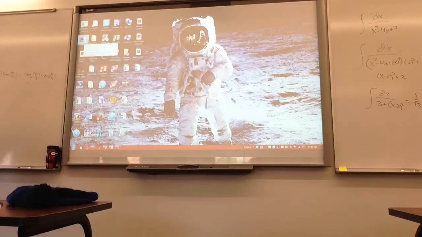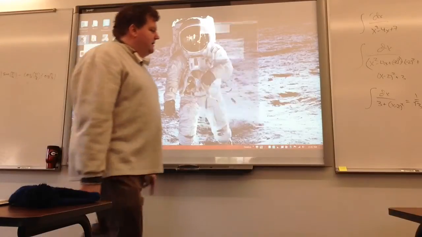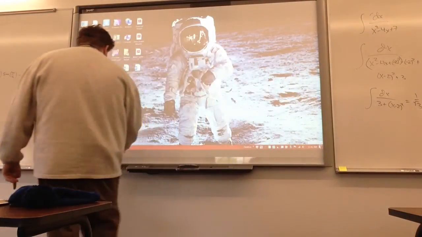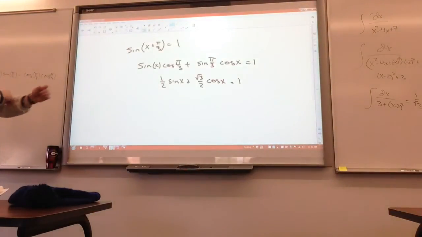I can use the graphing calculator and have it work out that way. Any questions there? By the way, anybody figure out what the answer is? I know the answer without even doing the graphing calculator. What do I add to pi over 3 to get it to equal pi over 2? Pi over 6.